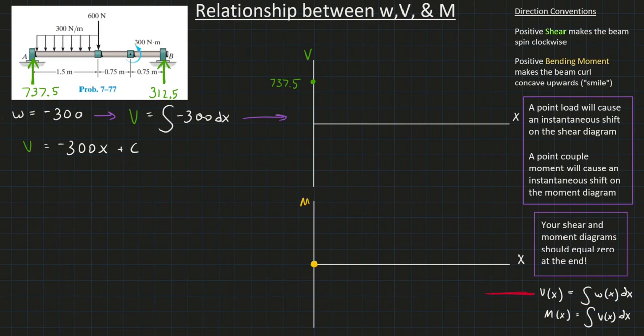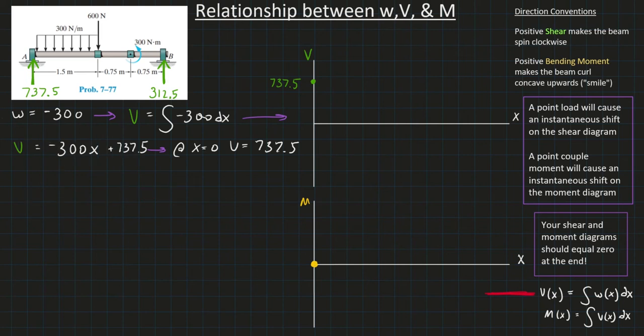Well, no problem, because we know that at x is equal to 0, my V is equal to a positive 737. So plugging in a 0 here and a 737.5 into here allows me to figure out c. And doing that math, this is a 0, which means c will be a 737.5.